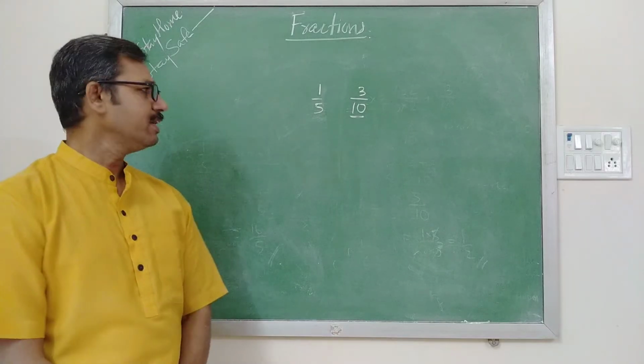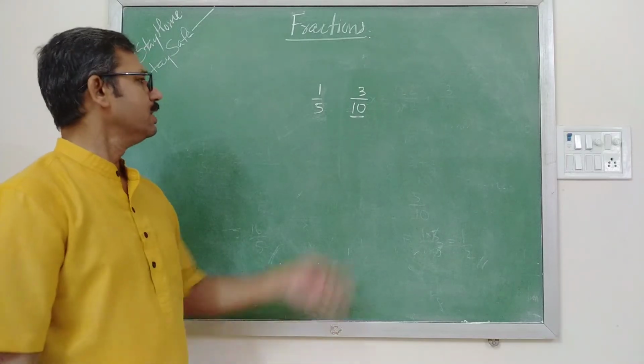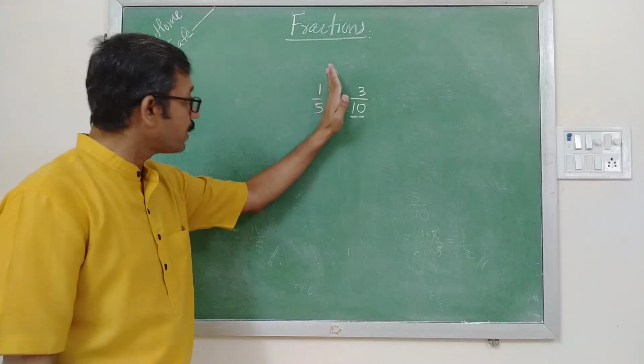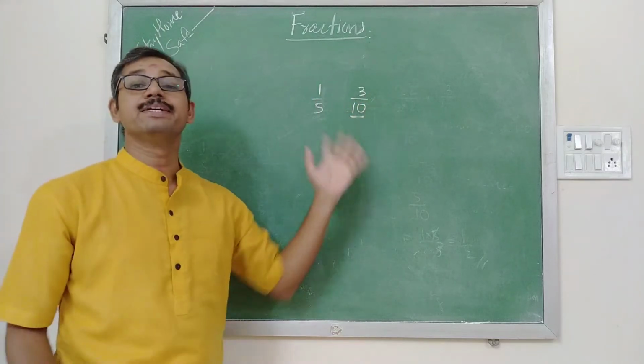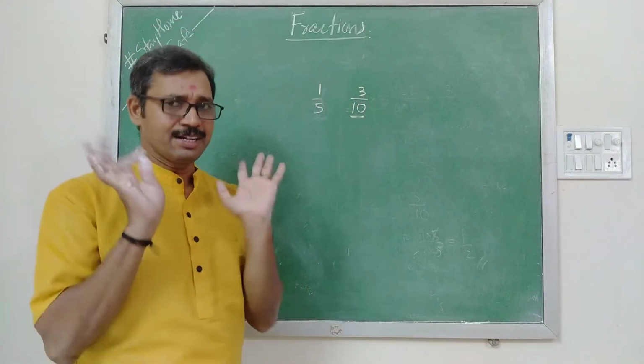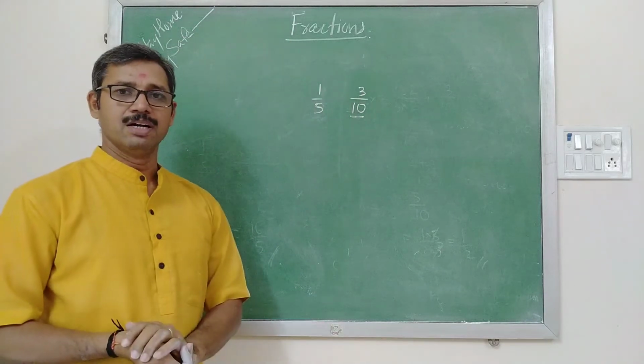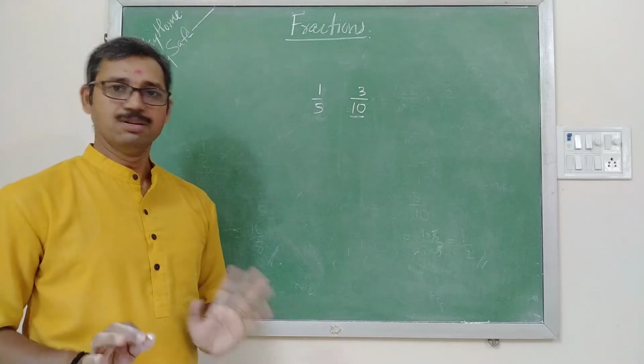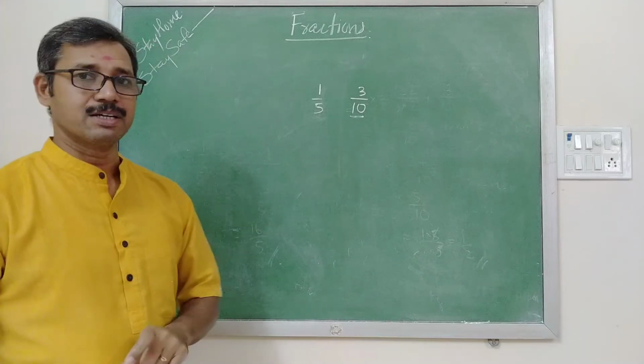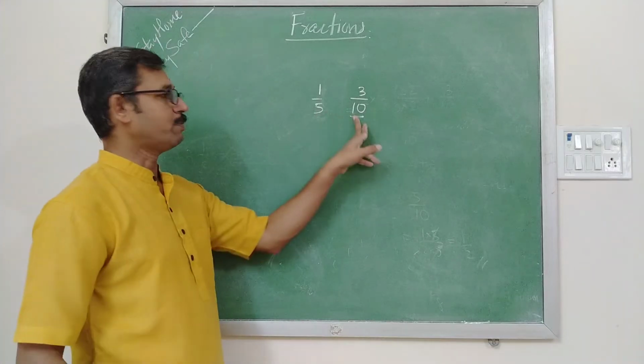Not possible. Why? Because we don't know whether 1 upon 5 is greater or 3 upon 10 is greater. Can we directly tell which is greater and which is smaller? Not possible. So again, what we require here is a common denominator.